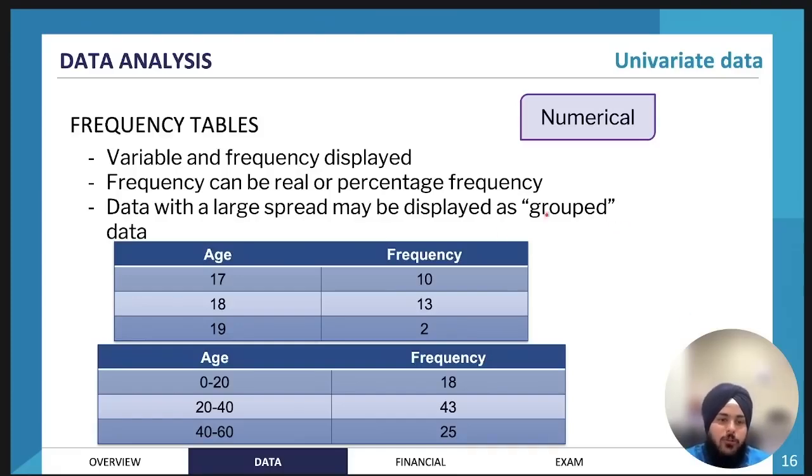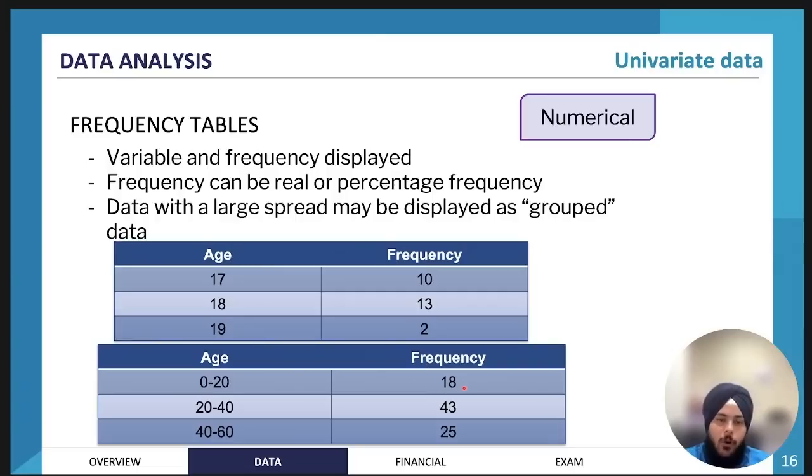Therefore, what we might do is group the data. As opposed to recording how many people are aged particularly 26, we might group the data from 0 to 20 years old, 20 to 40 years old, and 40 to 60 years old, and then record the frequency there.